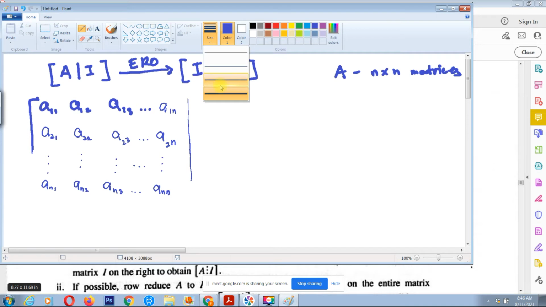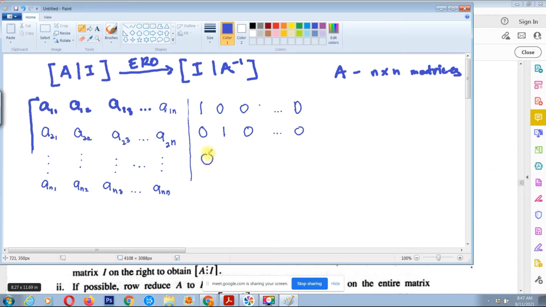The identity matrix has 1 on the diagonal and 0 elsewhere: 1 0 0 dot dot dot 0, then 0 1 0 dot dot dot 0, the 1 is next here, and so on, until 1 here.